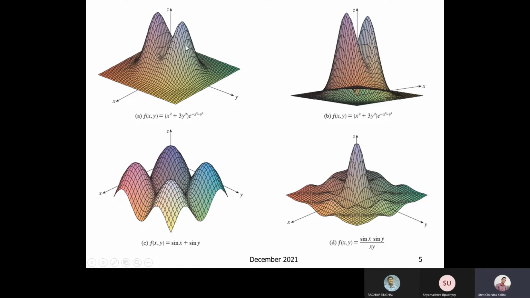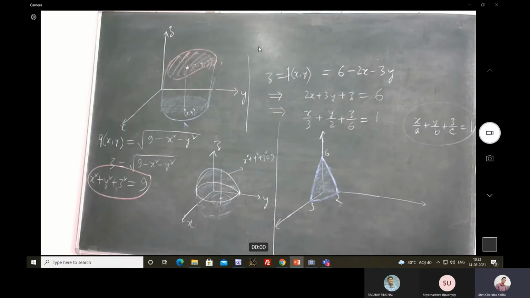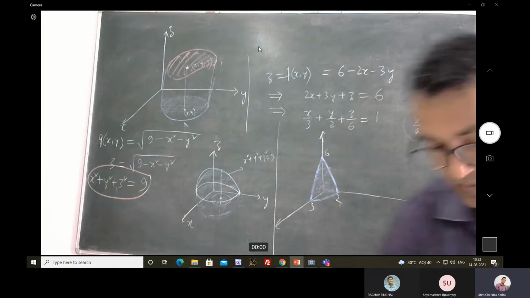Okay, so next, I'm going to come to the concept of level curves. Okay, I'm going to come to the concept of level curves. So let's see what level curves are.